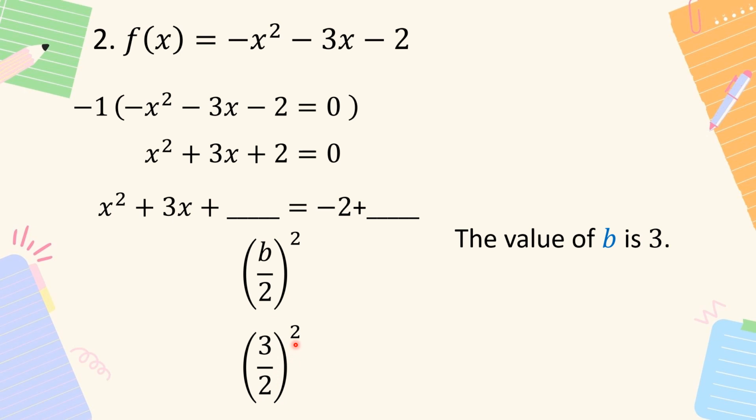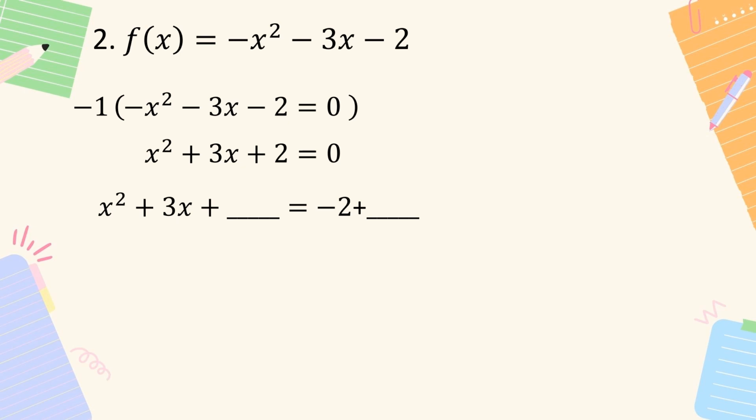So we now simply distribute our exponent to the numerator and to our denominator. The square of 3 is equal to 9, and the square of 2 is equal to 4. So the answer is equal to 9 over 4. We now write 9 over 4 on the two blanks.